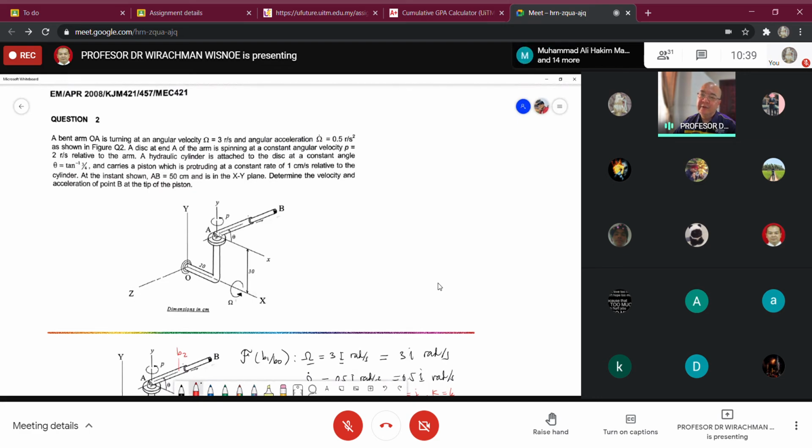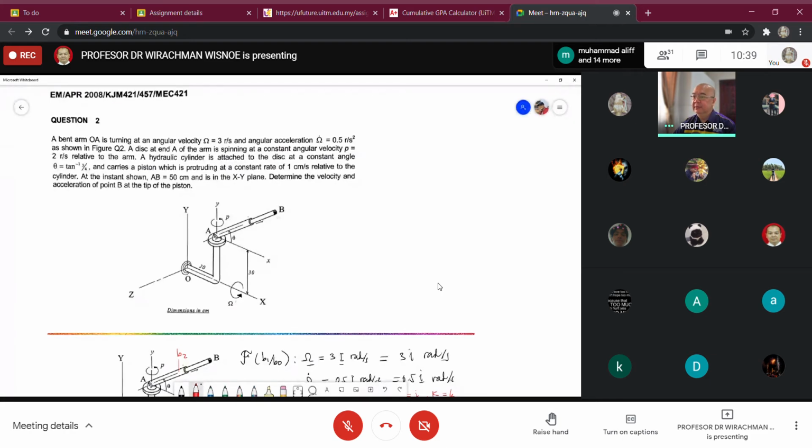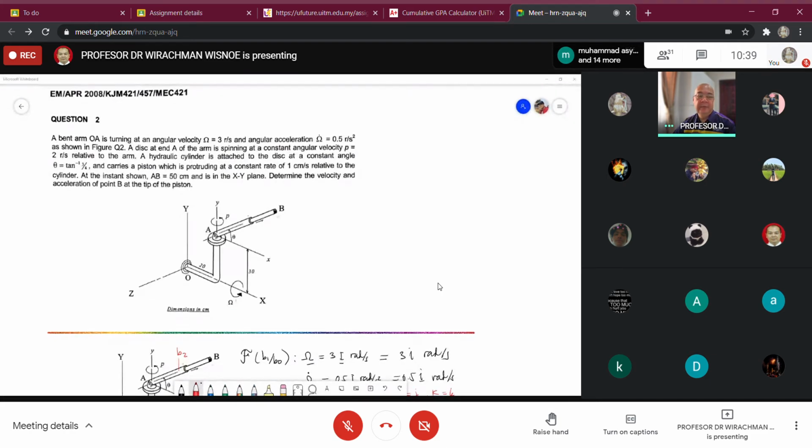And then this platform A can rotate with respect to the small y axis. And then we have the translation of B. Okay, so if we see the previous one, where is it, wait, I will copy again.